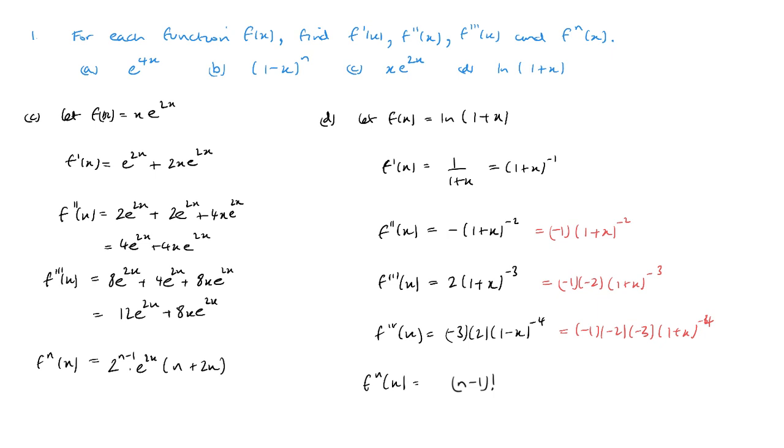And that will give me the 3 times 2 times 1 and the 2 times 1 and the 1, but it won't give me the minus. Now, this one will give me a minus 1 for an even power. This one gives me a positive 1 for an odd power.